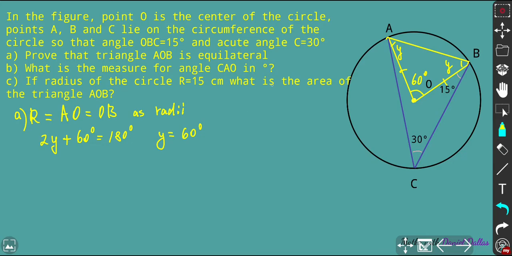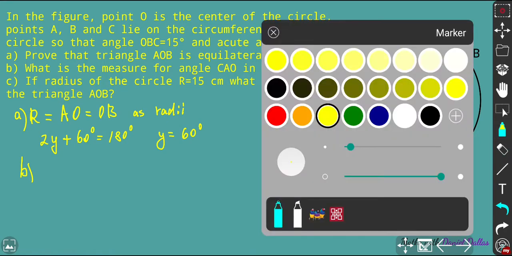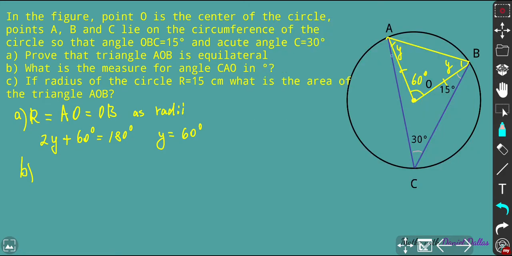So A is done. Let's go to B. In question B, we are asked what is the measure of angle CAO. Let's mark this angle as, let's say, X. So this angle is X degrees.